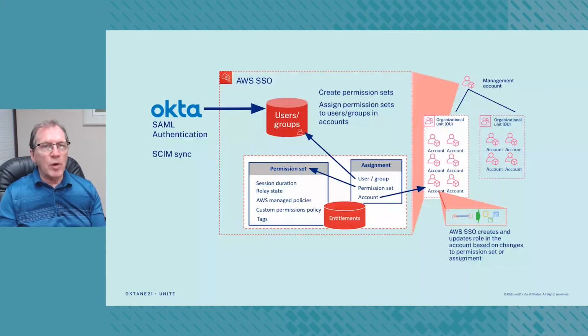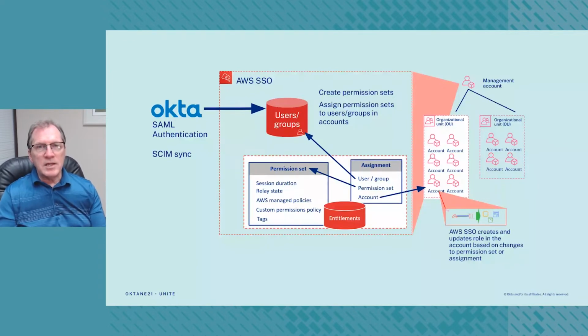And using the SCIM protocol, Okta synchronizes the users into an identity store that's inside of AWS SSO. AWS SSO then relies on Okta for authentication and also as the source of truth for all of the user and group information. Also inside of AWS SSO is an entitlements database, and this includes permission sets and assignments.